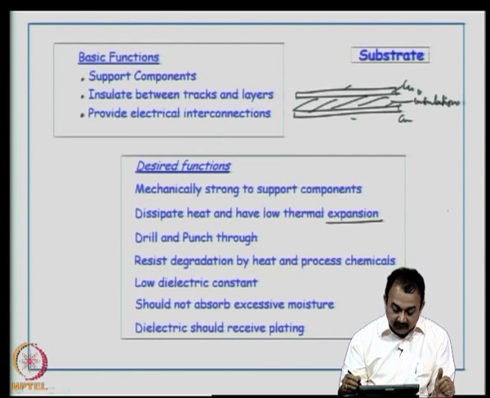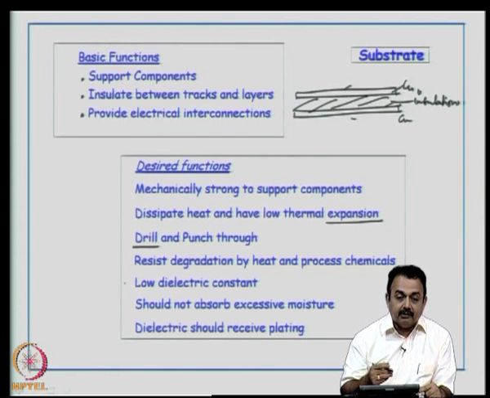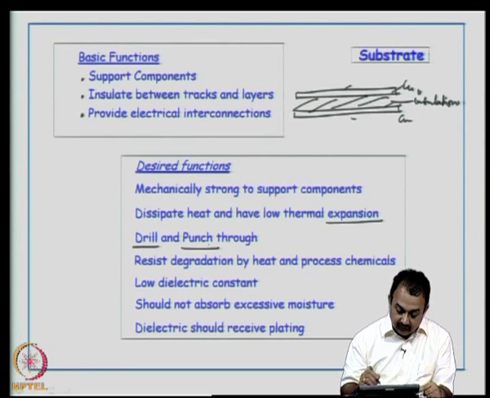It should be able to be drilled and punched through. So, it should have the characteristics of accepting mechanical drilling of various sizes, and in some cases punching is also done.